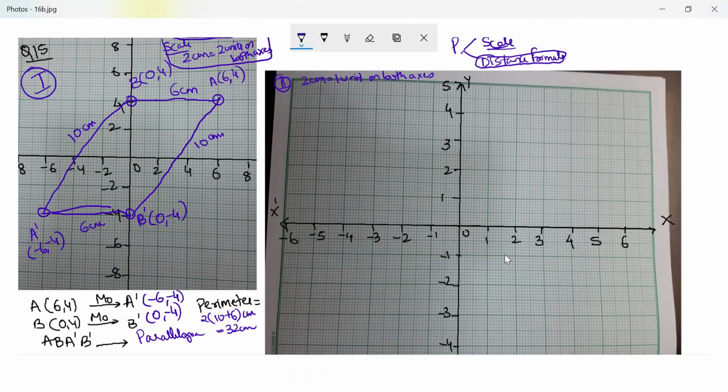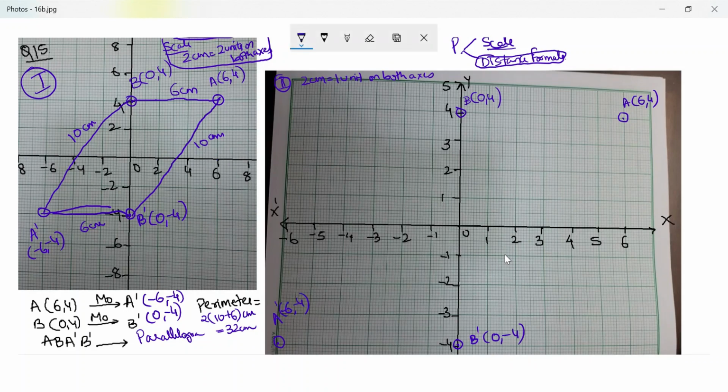Again, let me plot (6, 4). So this is 6 and this is 4. This is A (6, 4). B is (0, 4). Next, B dash is (0, -4), and this is A dash, which is (-6, -4).